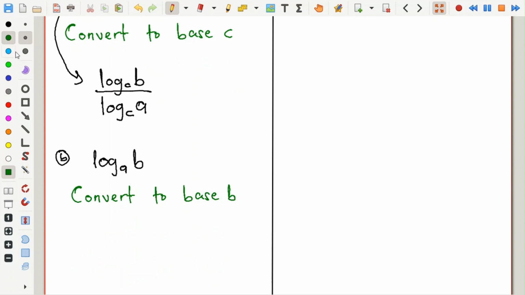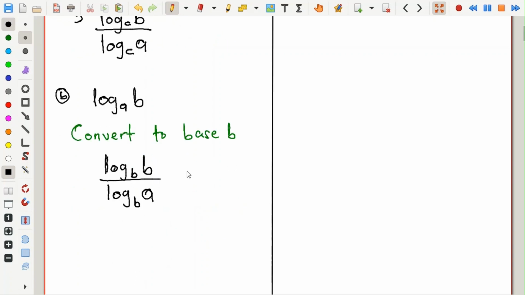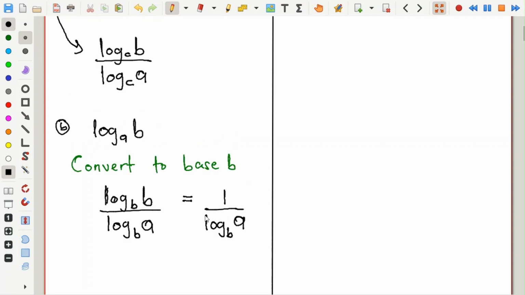Now, if you are converting to base b, the same idea. You write logarithm numerator, logarithm denominator. Then, what is the argument? The argument is b. What is your base? It's a. What are we converting it to? You are converting to base b. So b will be here and b will be here also. So this is the same as 1 over log a to the base b.